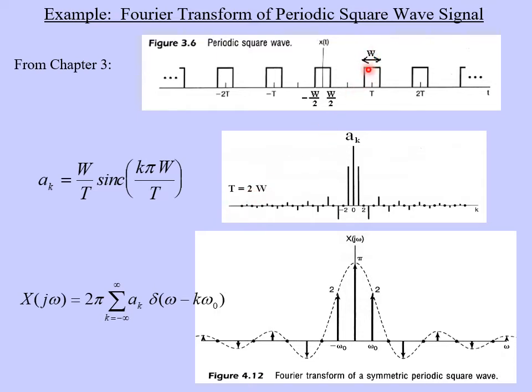Remember that the width is the width of the pulse here, and T is the period. So if we have T equals 2w, then what we have out here is w over 2w, which is 1/2. And when we multiply that 1/2 by 2 pi, we end up with a pi here. And you can do the same thing for all of these coefficients.